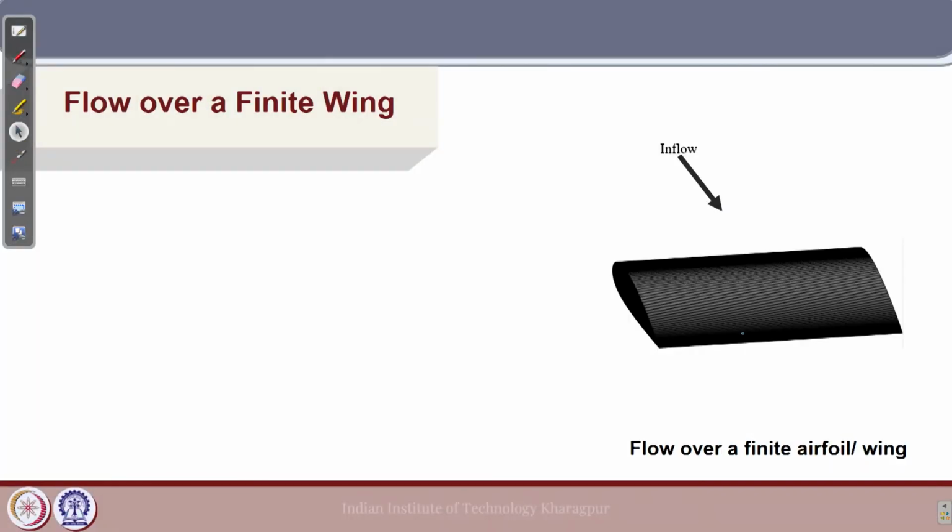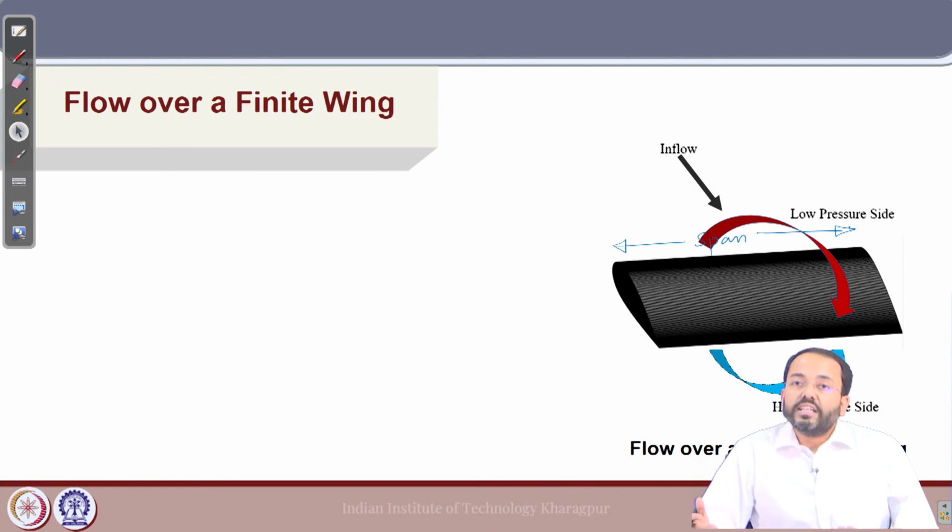Let us see how we represent the flow over a finite wing. Finite means it has a finite span length along the direction perpendicular to the inflow. As we have seen, due to the inflow over the wing, there will be a high pressure side, which is the bottom part of the wing, and a low pressure side on the top.